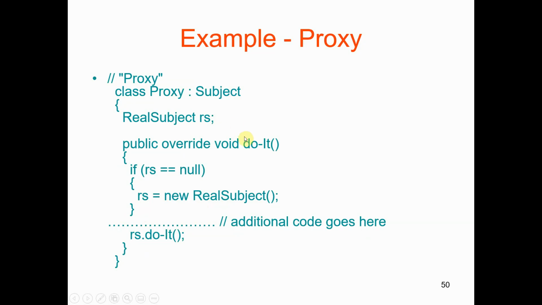So when the client calls the process, this additional code contains all the intelligence, and it will decide whether to forward the request or not, and when to forward. So this code here will do the judgment.